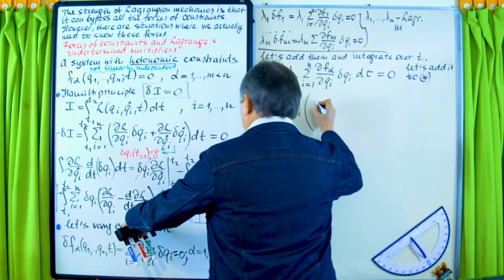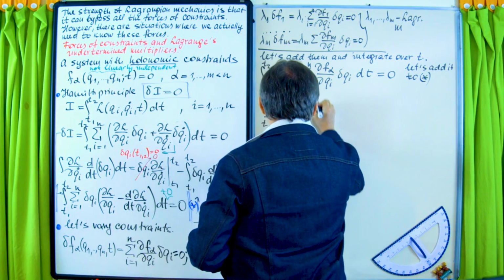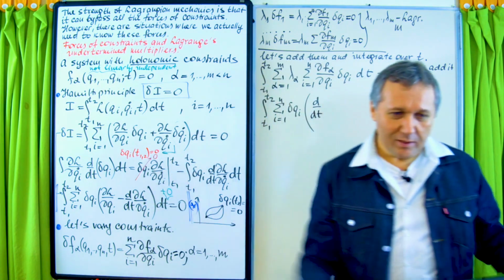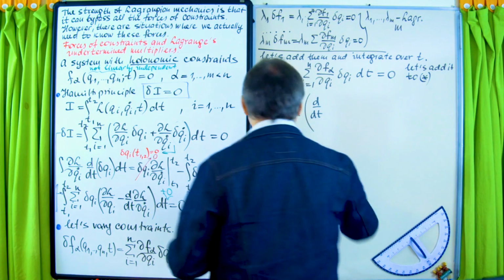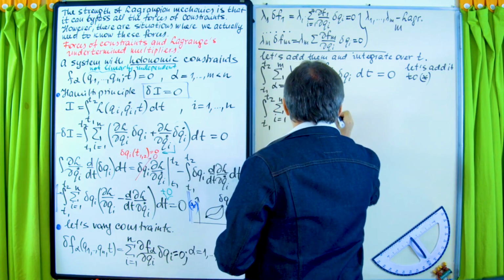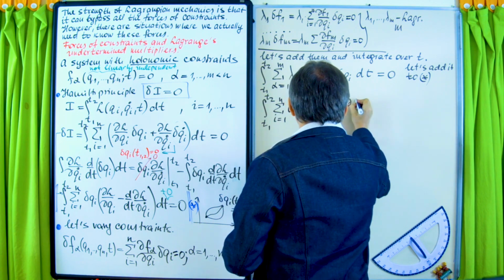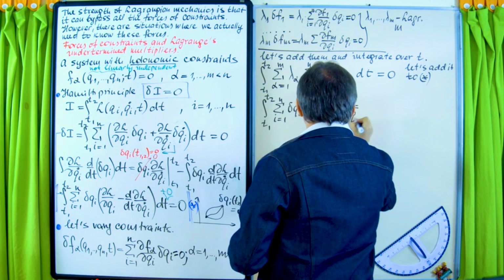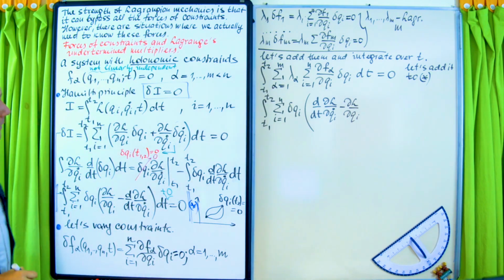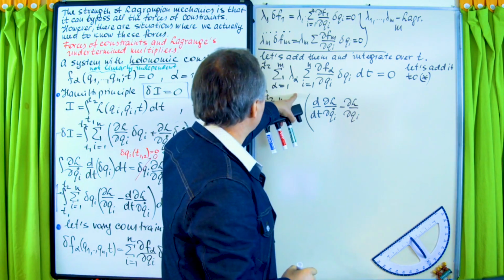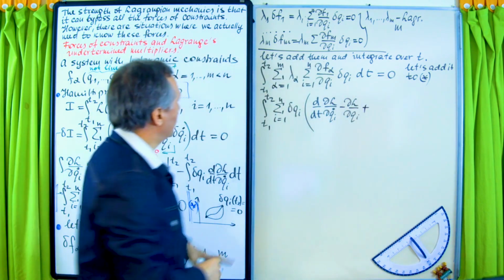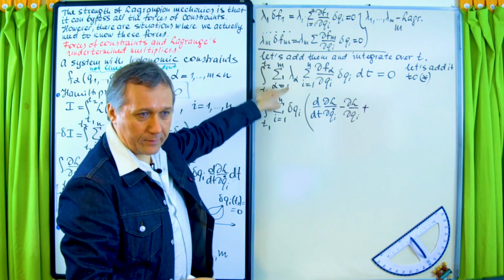So it will be, as a result, d over dt, basically in an attempt to get exactly what the book presents, partial derivative of L with respect to Qi dot, then minus partial derivative of L with respect to Qi. So that's the contribution from the Hamilton's principle. And now the contribution from this, right? So plus, because I added, right? So plus summation over alpha must be there.